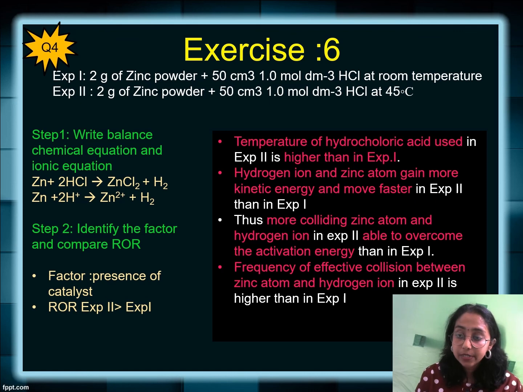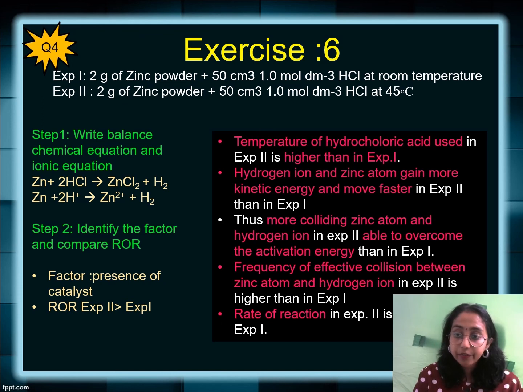As I told you just now, for temperature again, because they are already moving fast, colliding and achieving the lower activation energy, we straightaway talk about frequency of effective collision, no longer frequency of collision. And finally, draw the conclusion on rate of reaction.